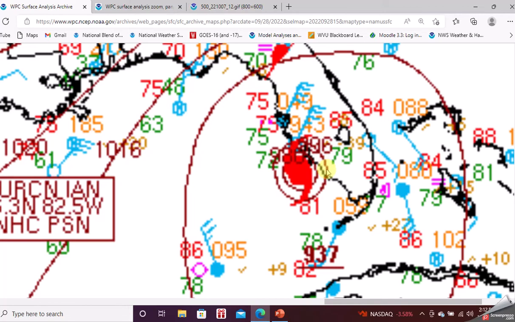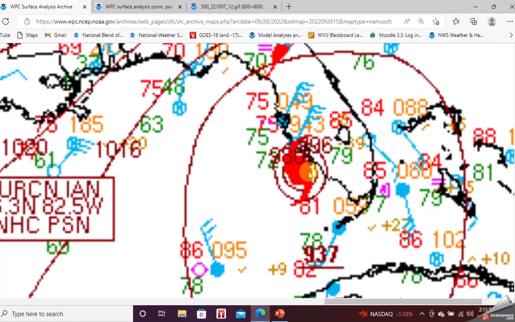Here is 1,008. Here is 1,004. So from this 1,004 to the center of Ian, that short distance, we're down to 937 millibars at the center. Think about that pressure gradient. We're talking a pressure drop of 70 millibars in probably a couple hundred, 100 and some miles.